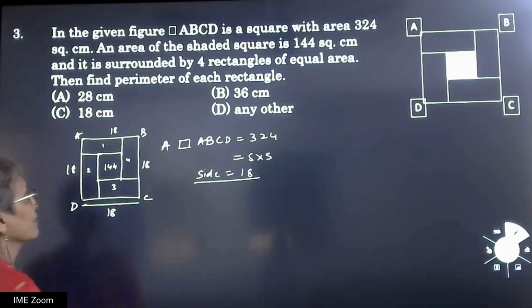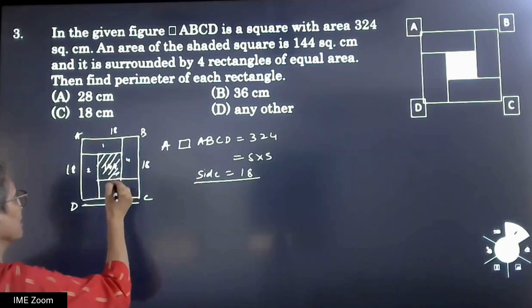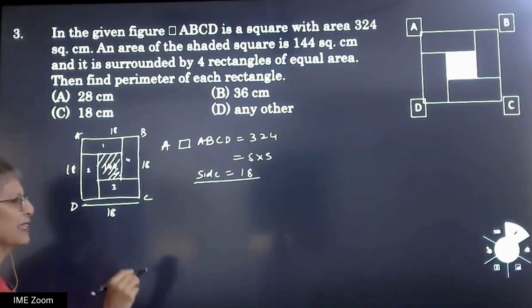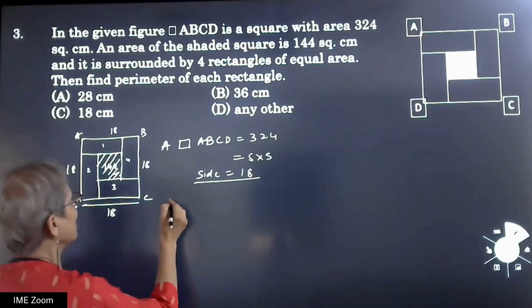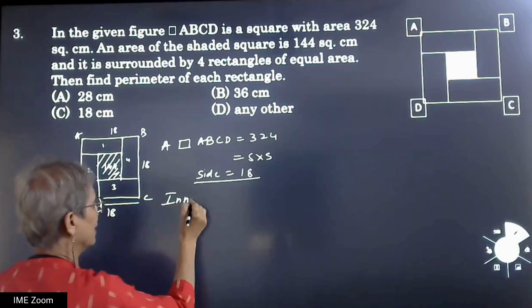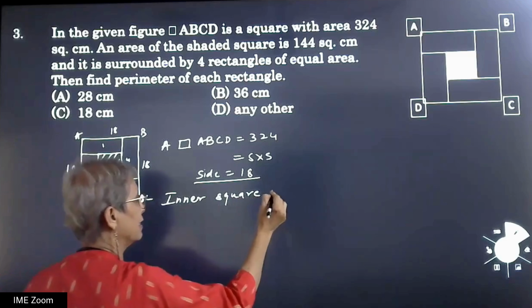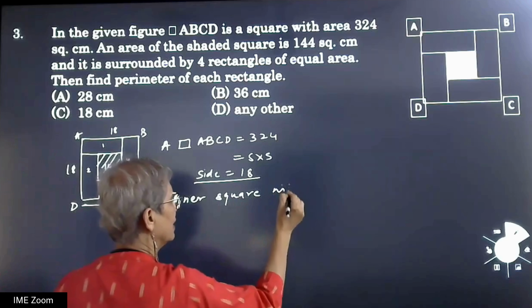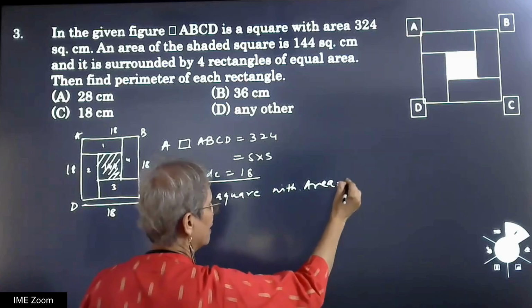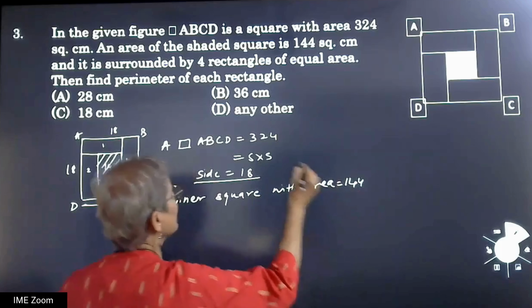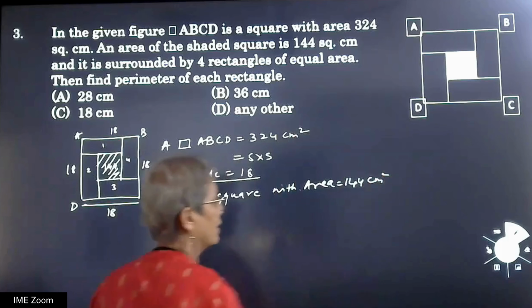Okay, now the inner square is given, that is 144. The inner square has area 144 centimeters square. This is important, right?